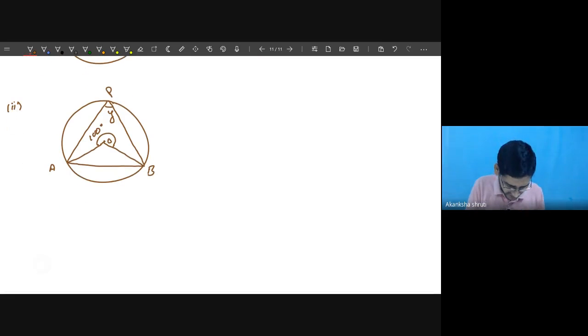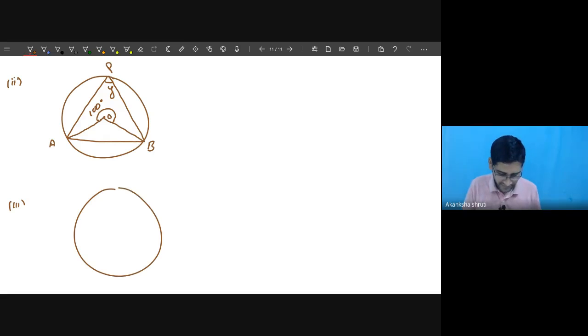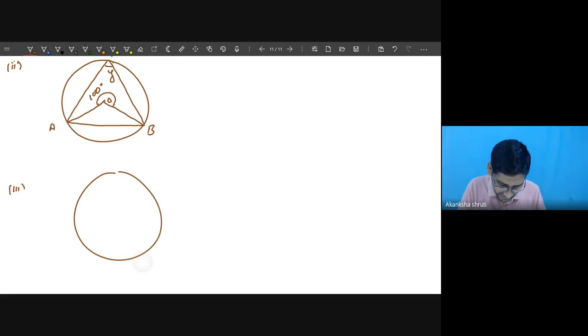We will take another example, another question. Let me draw like this. So consider the points A and B. And their center O is there. This angle is given. And this angle is what we want to get.